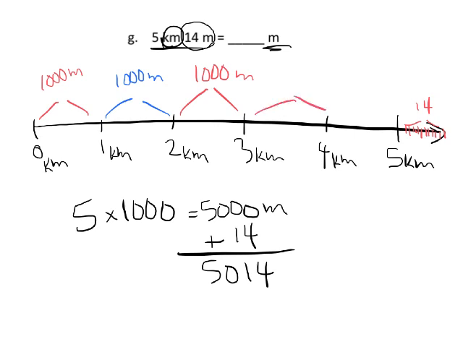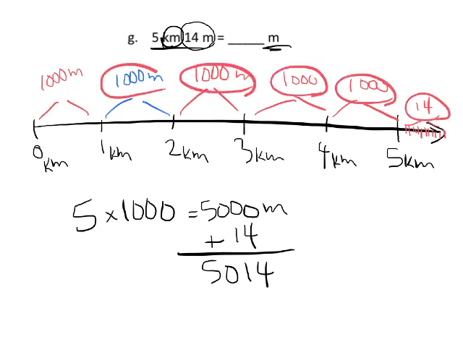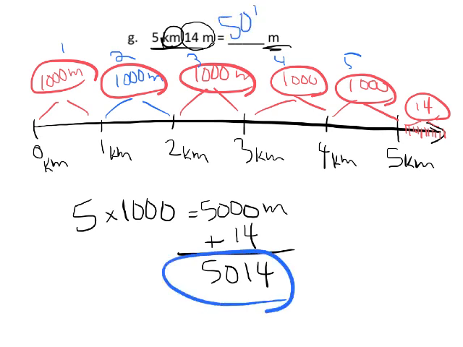So we have another 1,000 here, another 1,000 here, plus 14. Of course, a shortcut is to do 1,000 times 5, because you have 1, 2, 3, 4, 5, and then add in the extra 14, and the answer is 5,014 meters.